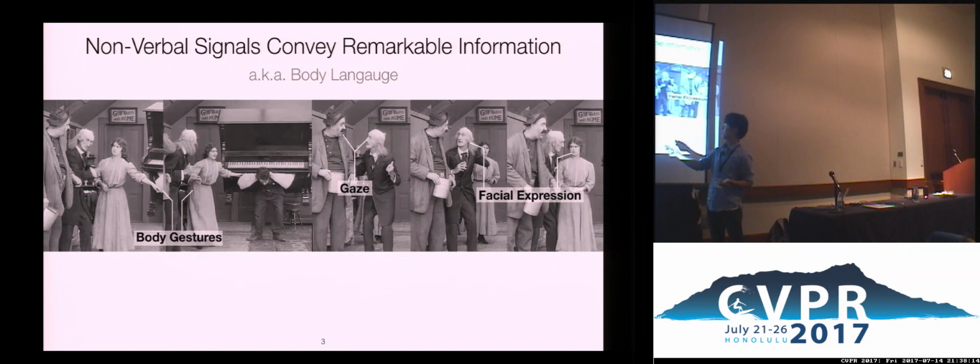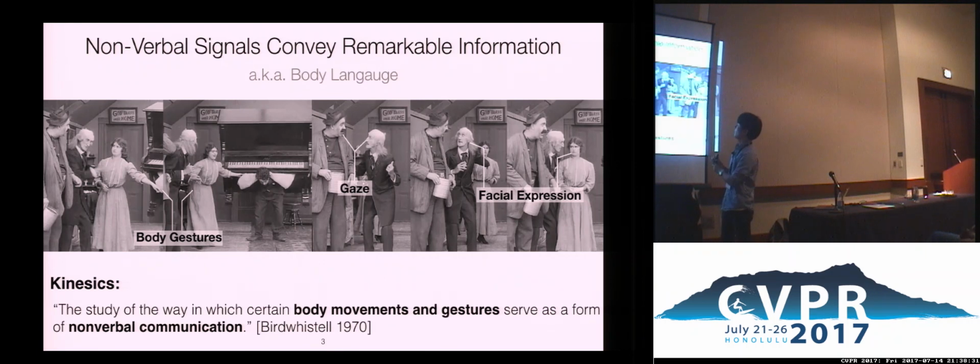From their body gestures and their gaze direction, they encode their internal feeling and message, and we can observe these signals and decode them so that we can understand their major intention. This is also known as body language, and there exists another term to explain this, which is kinesics.